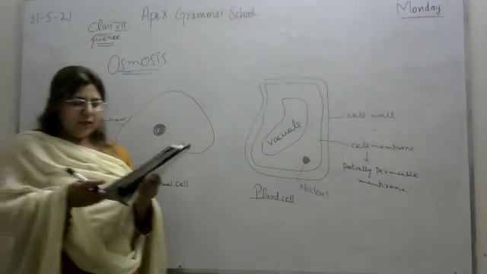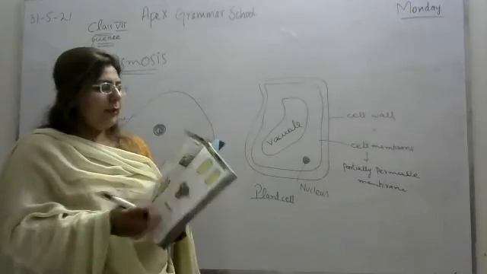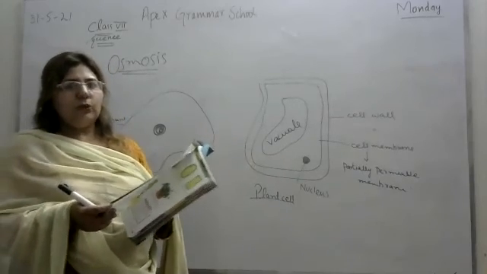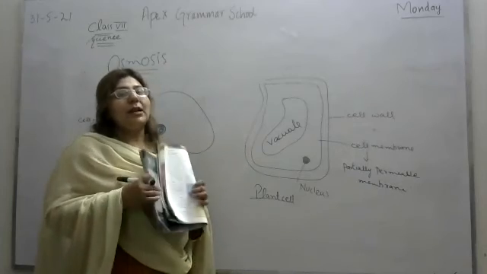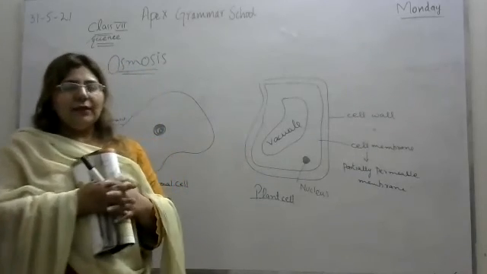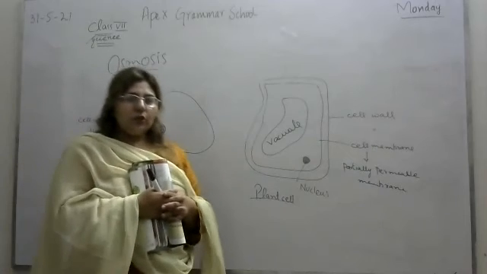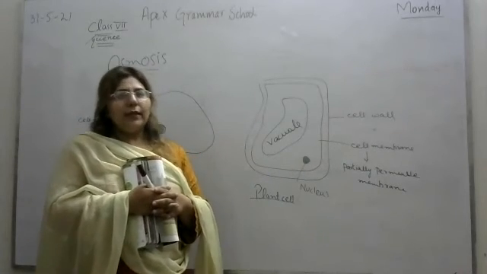Next one, page number 23. By mistake we did it early. After page 13, I explained page number 23, but now I will explain again what transpiration is. In the previous lecture, I told you transpiration is the evaporation of extra metabolic waste of plants through leaves.